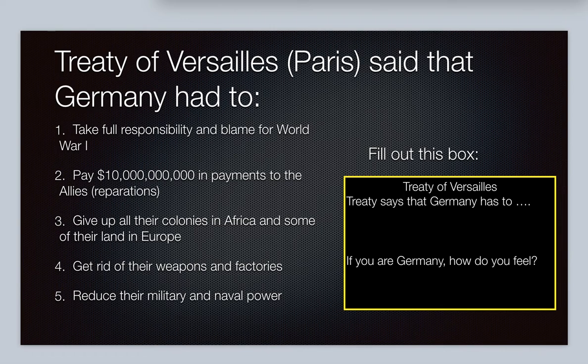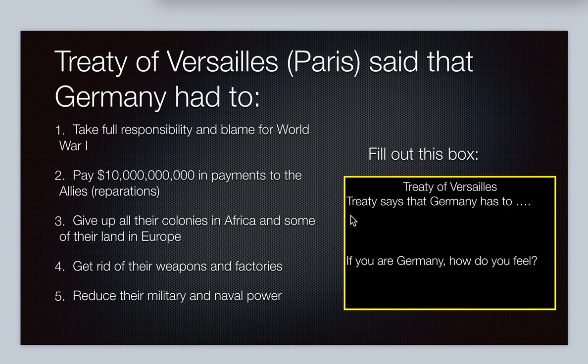So in your box over here, make sure that you're writing these down. Treaty says that Germany has to, number one, take full responsibility and blame for World War I. Number two, they had to pay $10 billion in payments to the Allies. This is called reparations.